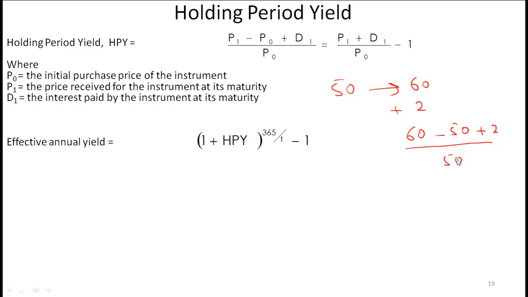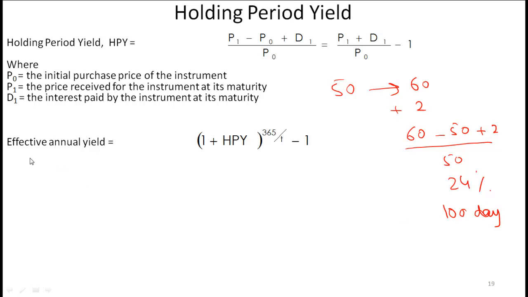So this will give you your holding period return. In the simple example that I came up with, the holding period return is 24%. Now let's say that this holding period return is for a 100-day period.